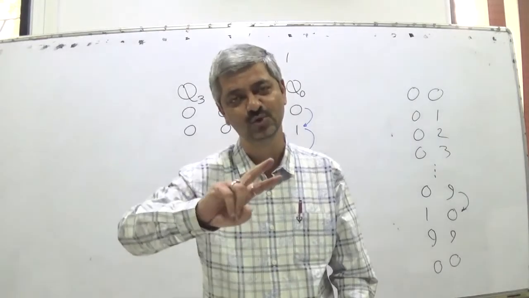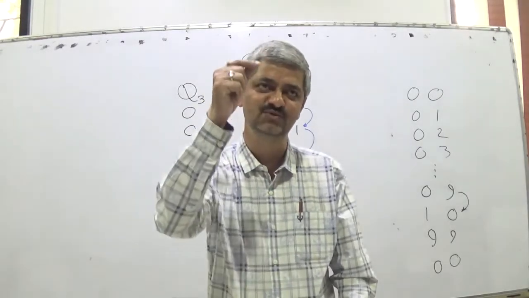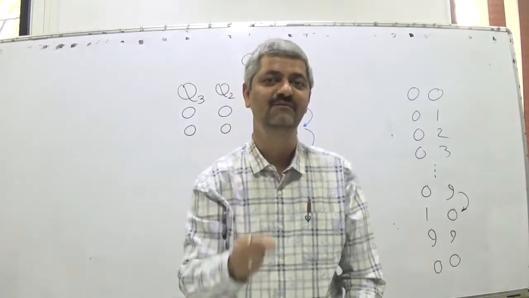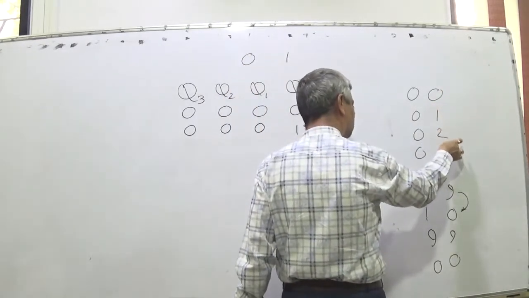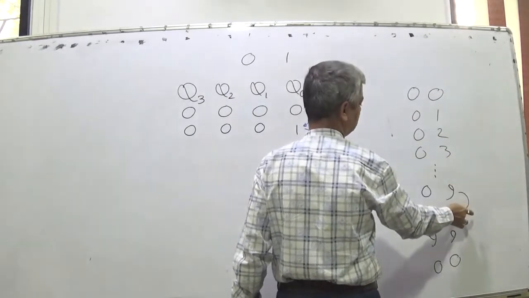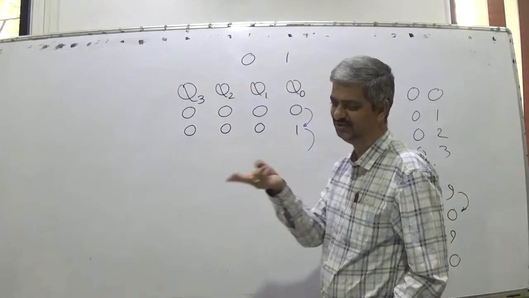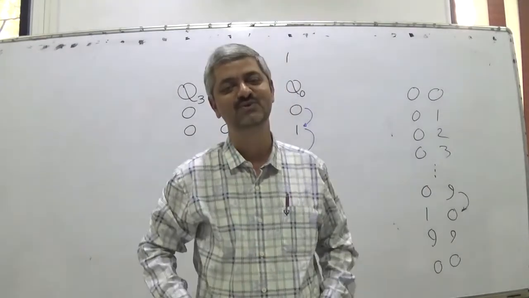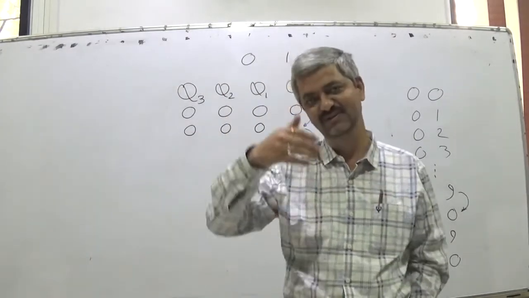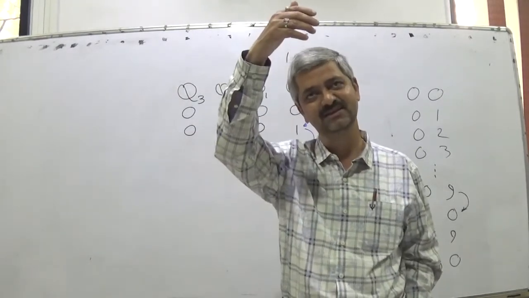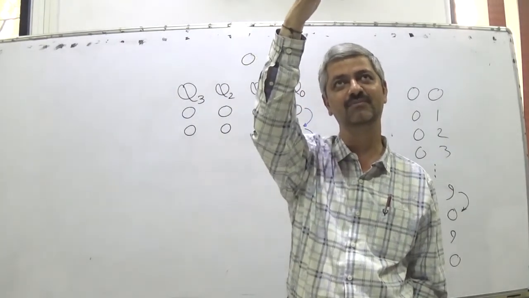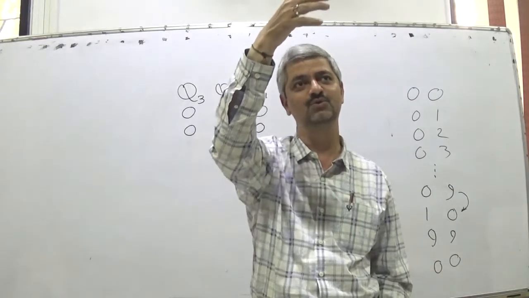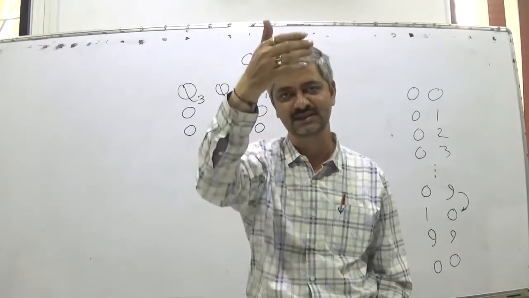Because in binary, 0's next is 1 and 1's next is 0, whereas in decimal there are many: 0's next is 1, then 2, then 3, and after 9 there is the concept of overflow. In the single digit, it counts up 0, 1, 2, 3, 4, 5, 6, 7, 8, 9, then 0.